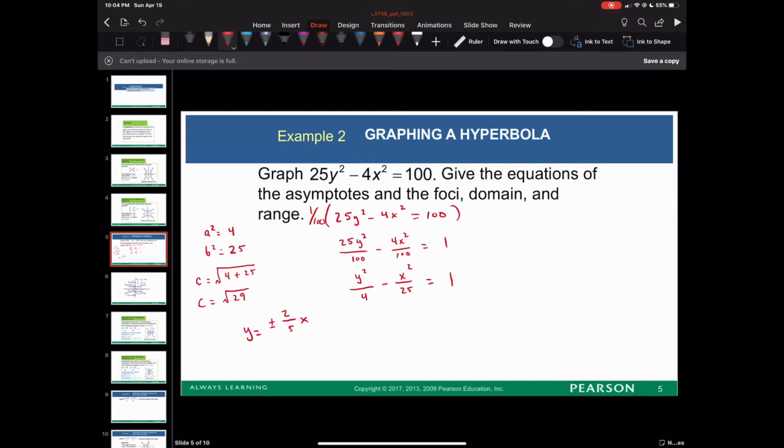Remember, you just take the square root of 4, and you take the square root of 25. And you get 5. All right? Now we know our foci point.